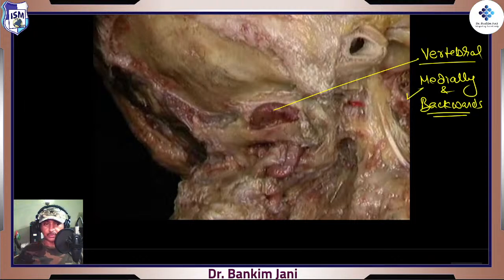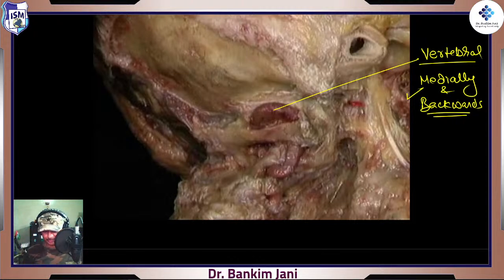So that's how it is going. Over here, it will pass through between atlas and occipital. There was atlanto-occipital membrane, dura mater. It will pass through them just below the foramen magnum.